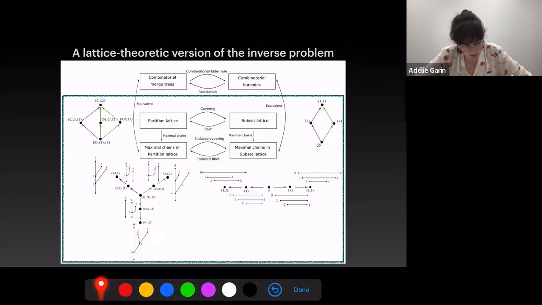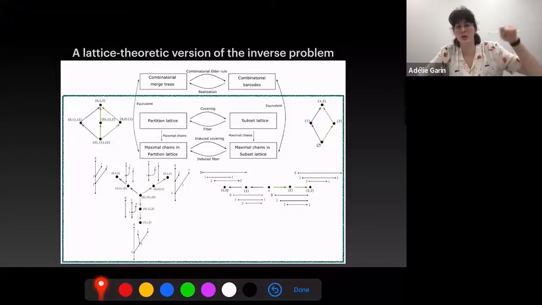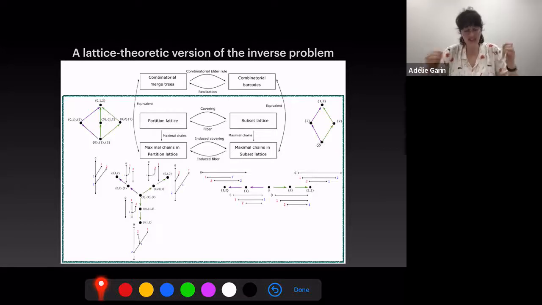So here, for example, I merge 0 and 1 together, and I keep 2 as a singleton, and then I end up with 0, 1, 2 all together, because there are only 2 steps in this process for 0, 1, and 2. And for each maximal chain in this partition lattice, I start at the bottom element and I just go up until I reach the top element. So a maximal chain in this partition lattice will correspond to a combinatorial merge tree.